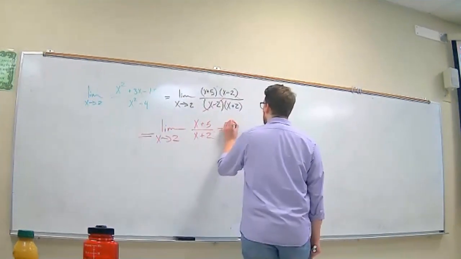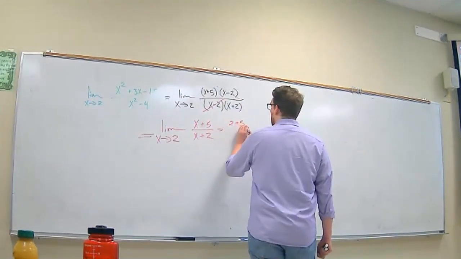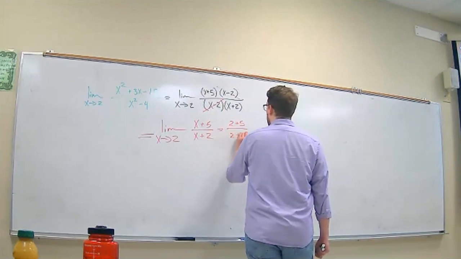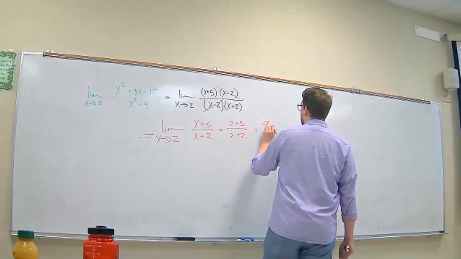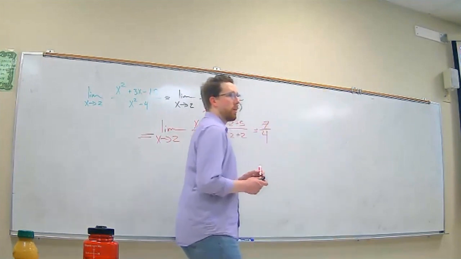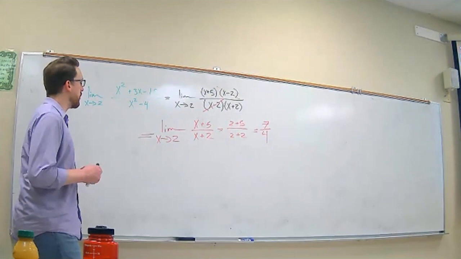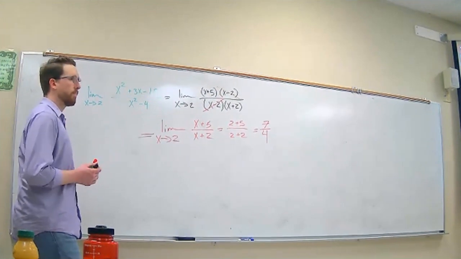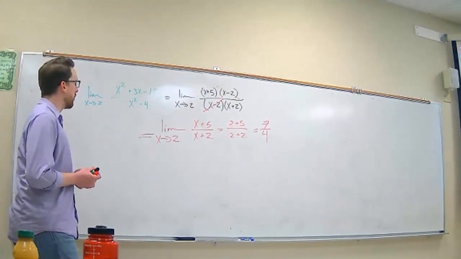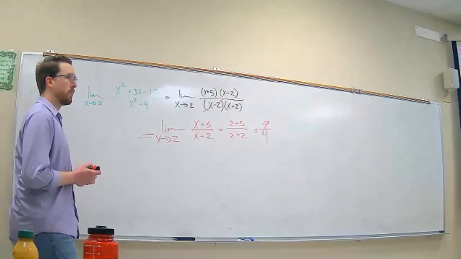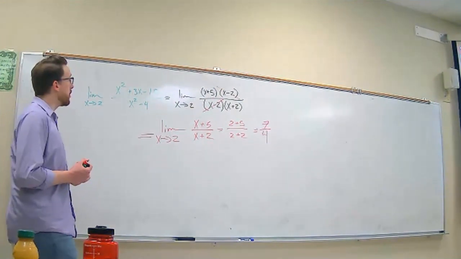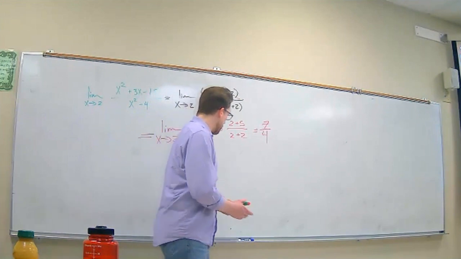This is equal to 2 plus 5 divided by 2 plus 2, or 7 over 4. Cool. This is 24 out of week 2.